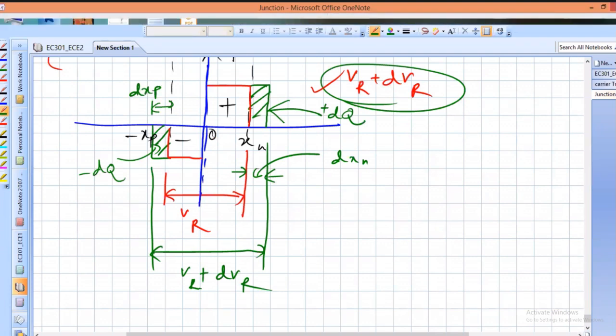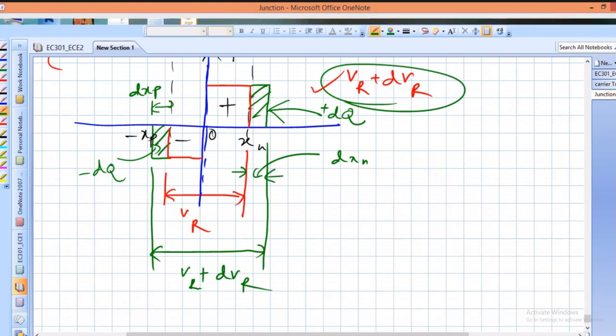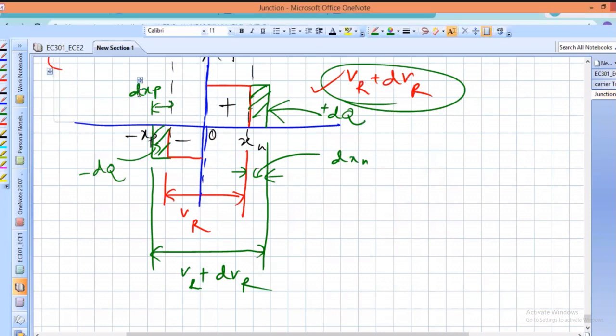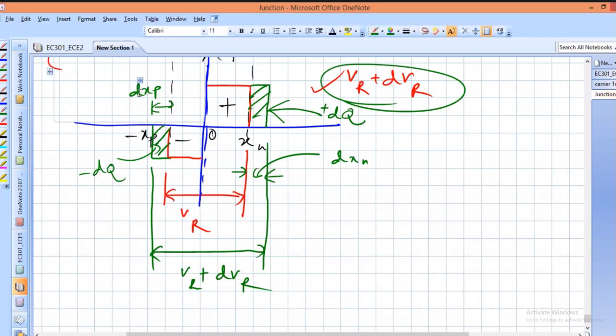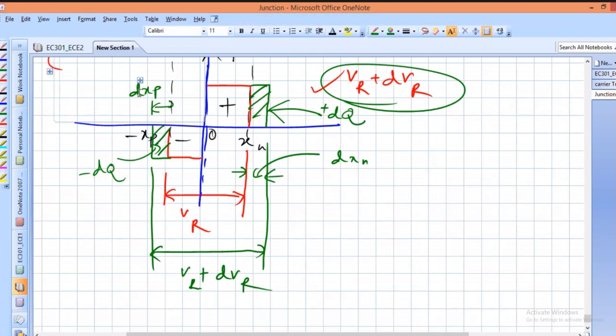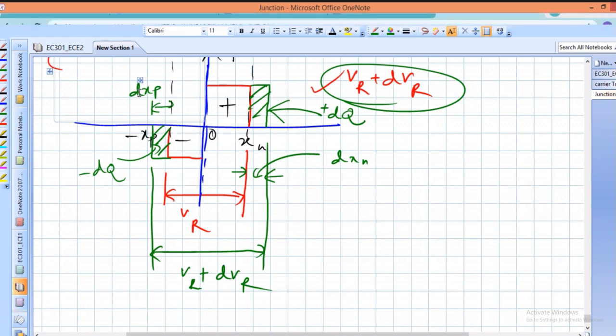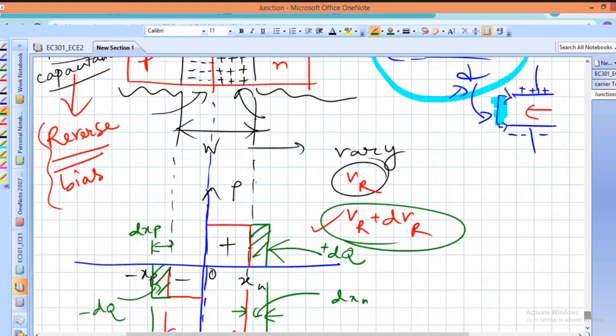So here I show you how, based on the change in the bias, the depletion region varies, as well as more charge is observed there across the junction. I here show you the charge density rho.